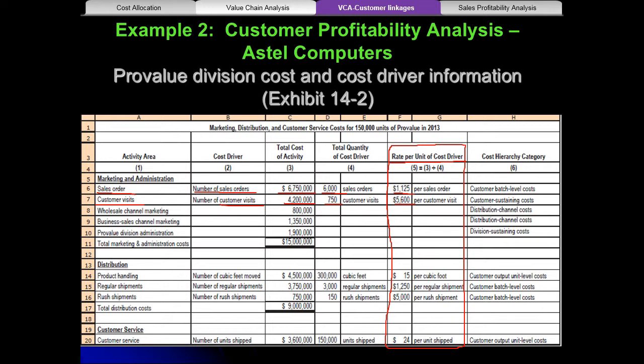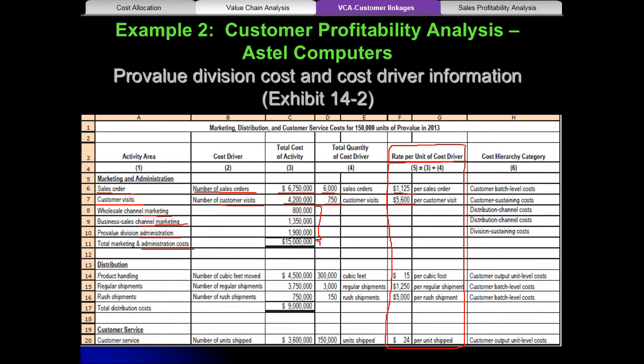We can do that with wholesale channel marketing, business sales channel marketing, ProValue division administration, total marketing administration costs. So again, we've got several other groups of costs here: 800,000, 1,350,000, $1.9 million.